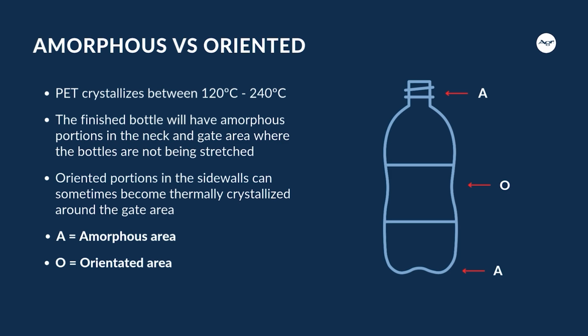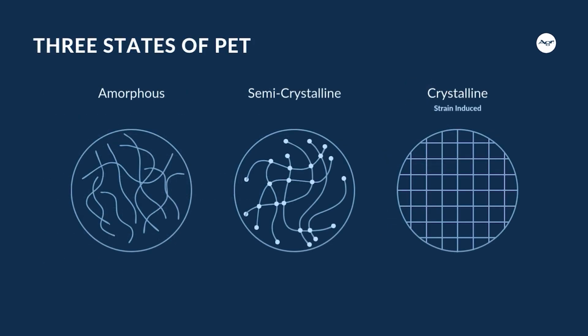And then there's a transition zone, which is just below the support ring, where it's not quite fully oriented and it's not quite amorphous. And you'll also see that around that puddle of material around the gate in the base of the container. This slide is a representation of the molecules in their amorphous state, in a semi-crystalline state, and then in the strain-induced crystalline state, where you have full orientation of the molecules.